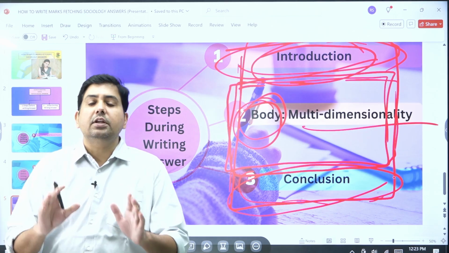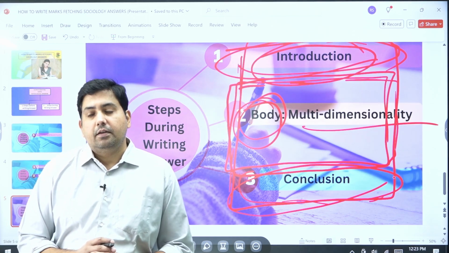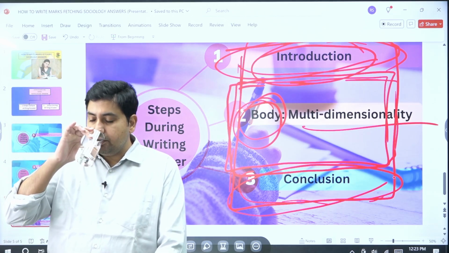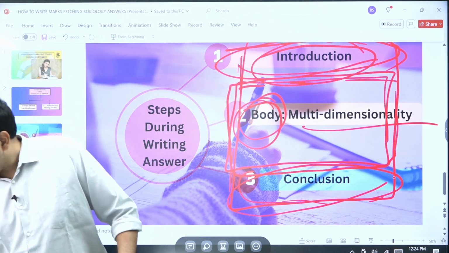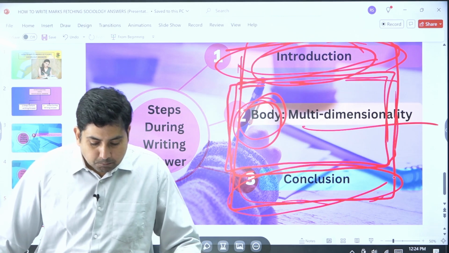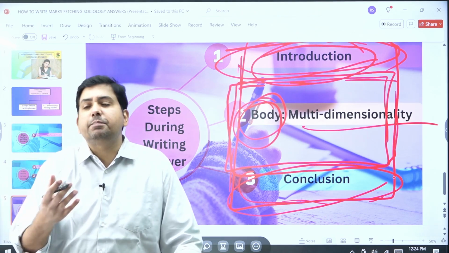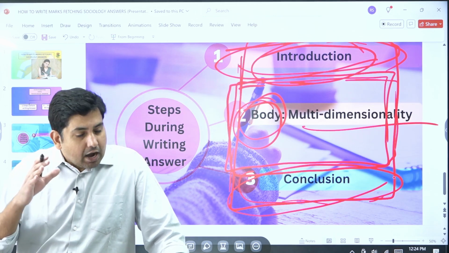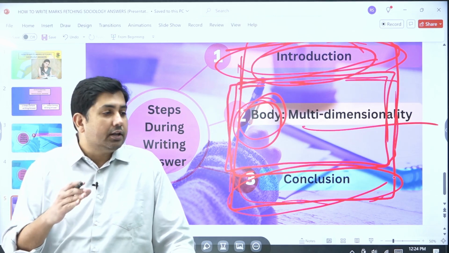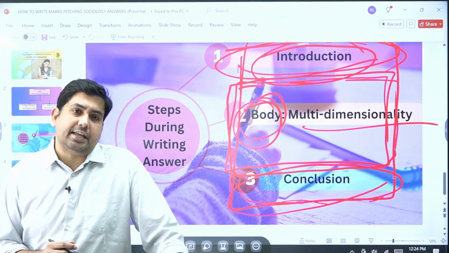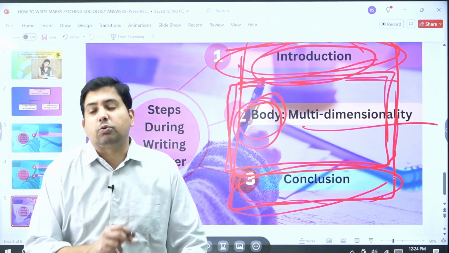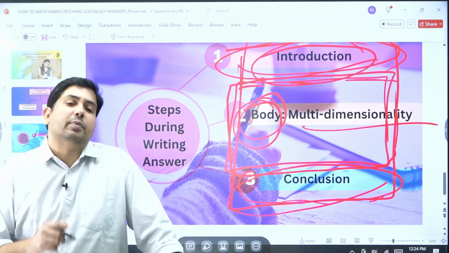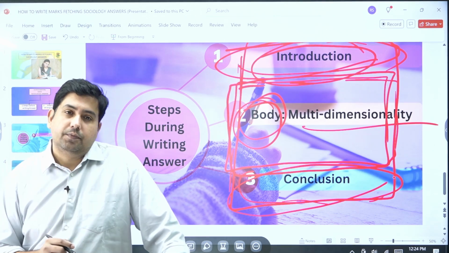So in the main body, what will you do in the body part of your answer script? Here you will explain various concepts. You will give arguments in favor of, or say against, what you are saying, depending on the nature of the question, and substantiate those arguments. This is your duty to do.